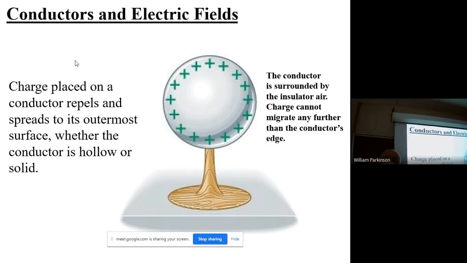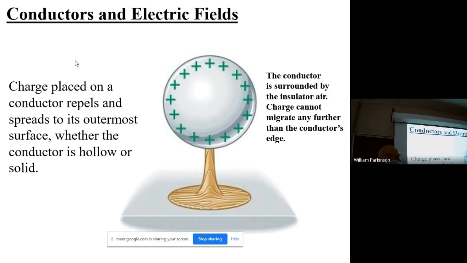So this is a large conducting sphere. The key of it being a conducting sphere, conducting means, and literally it means, charge can migrate. Charge can move through the conductor. So even if I deposited the charge in the upper left-hand region of this sphere, essentially instantaneously, they run away from each other. They don't like each other because they're the same charge.